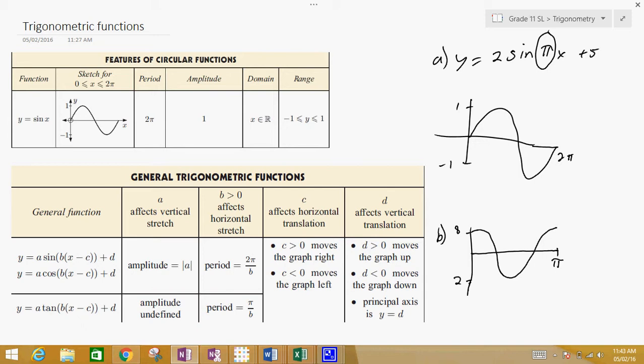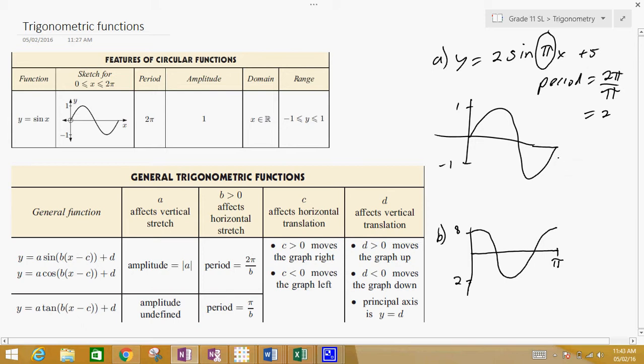And your b value helps you determine what your period is. So for this, your period is equal to 2 pi divided by b. And for this case, our b is pi. So 2 pi divided by pi, so our period is 2. And that means our period now is not 2 pi, but it's 2.